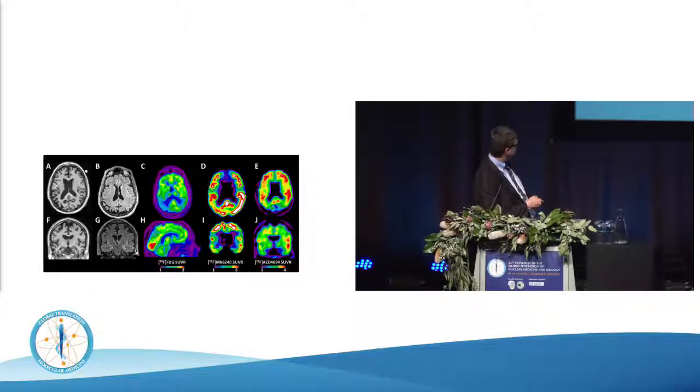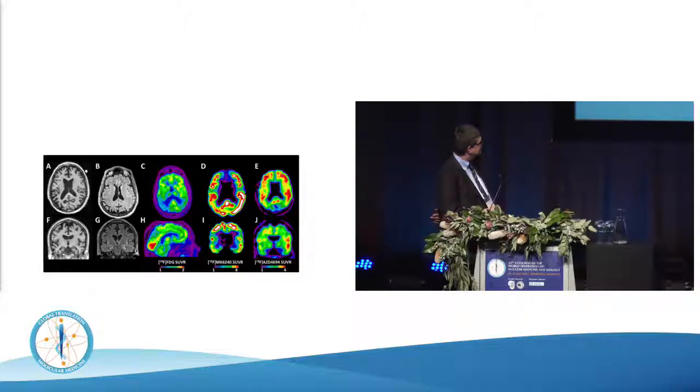This is the PET FDG showing the classical pattern of Alzheimer's disease with a very important reduction of the metabolism in the parietal cortex. So this is the amyloid imaging showing that pattern of amyloid deposition. We did this with the AZD4694 or NAV4694, which is the same ligand with a different name.